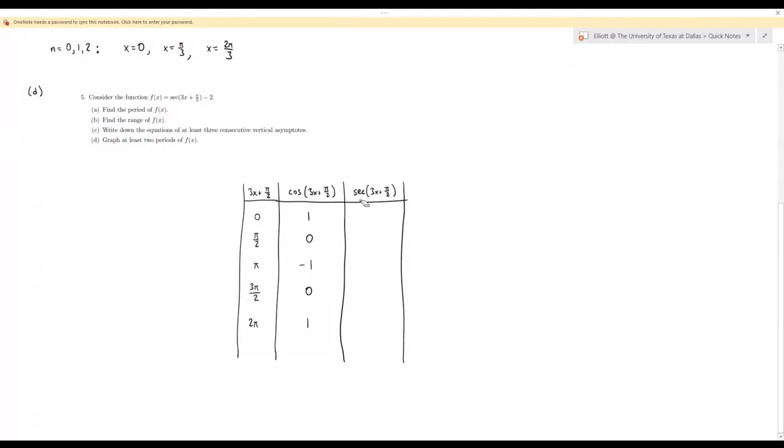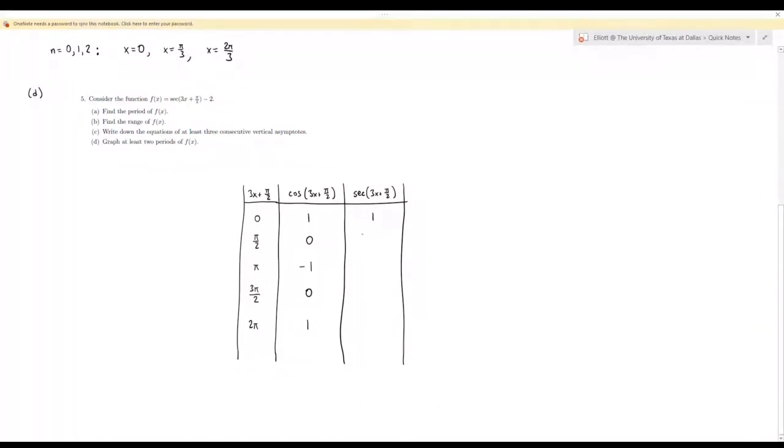Now secant, we know, is the reciprocal of cosine. So I'm just going to do the reciprocal of all of these values to get secant. Here we're going to get 1 over 1, which is 1. Now here, if I do the reciprocal, we'll get 1 over 0, which is undefined.